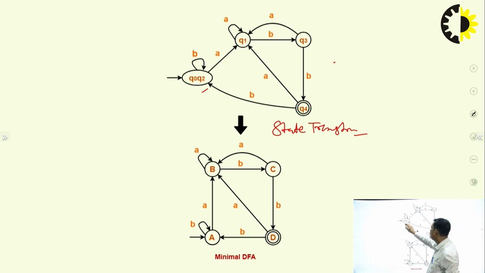Q0, Q2 on input B has a self loop, and on input A goes to Q1 and has a self loop. Q1 and Q4 on input B go to Q0, Q2. This is the minimization of DFA.